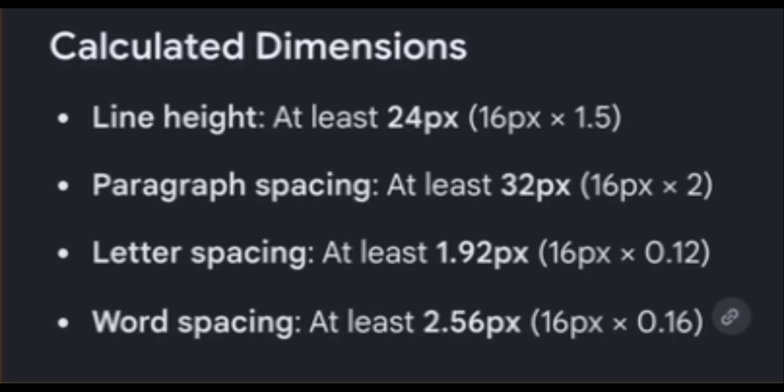The paragraph spacing should be double the font size, so in this case, because the font size is 16 pixels, the paragraph spacing should be at least 32 pixels. Letter spacing, if the font size is 16 pixels, should be at least 0.12 times the font size.